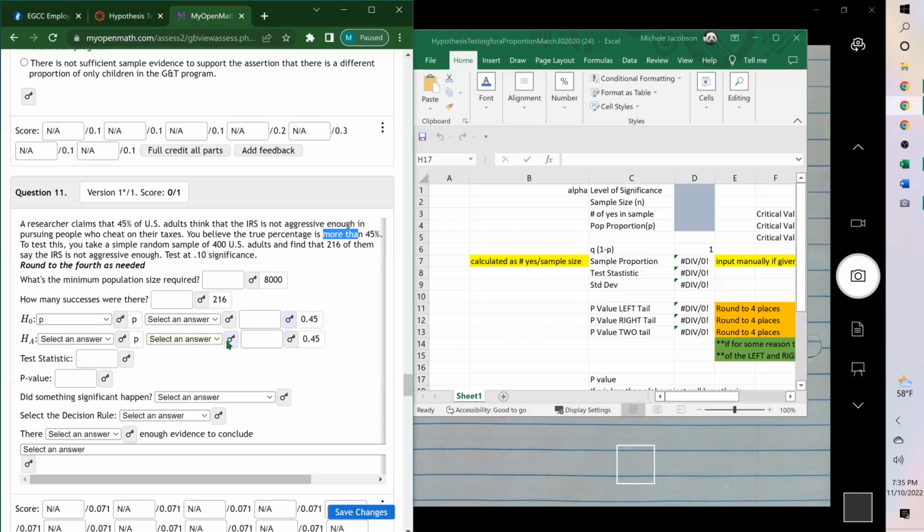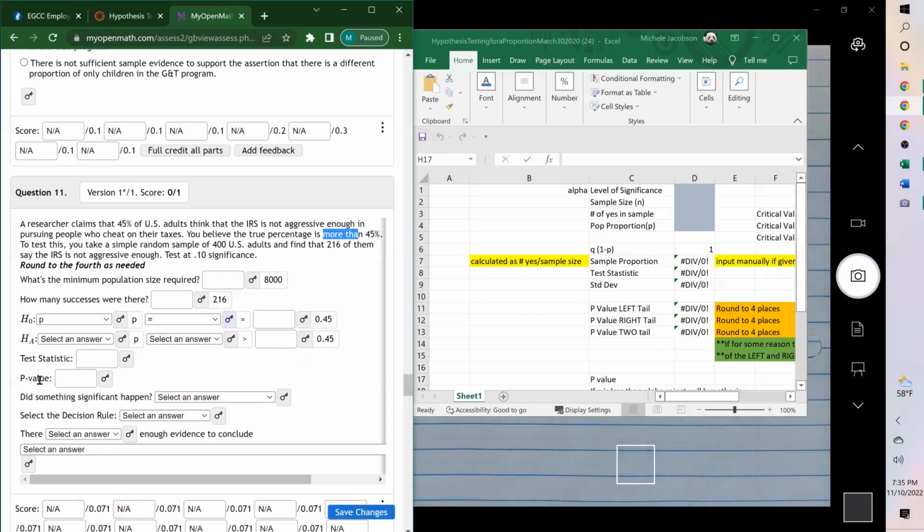No, the alternative one is greater than. Sometimes they'll have less than or equal to. Technically, our book says it should always be equal to, but some instructors have less than or equal to. So you just want to watch for that. It will just be the opposite of this one.